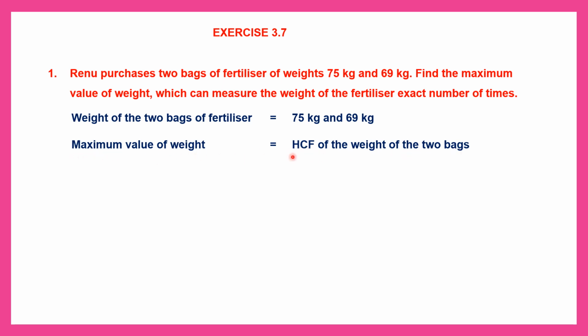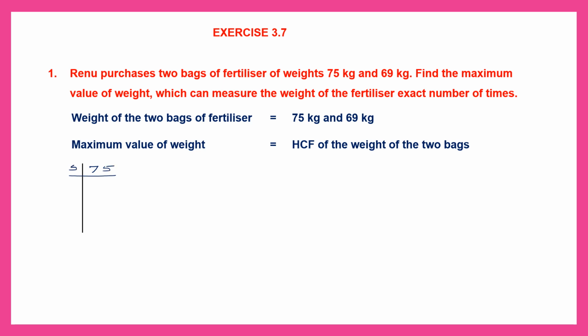So maximum means highest. So we have to find the HCF of the weight of the 2 bags, 75 kg and 69 kg. So let's begin by finding the HCF of 75 kg, and this we're going to do by the prime factorization method.